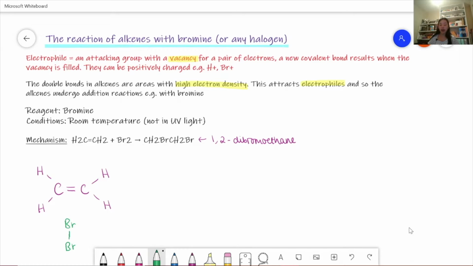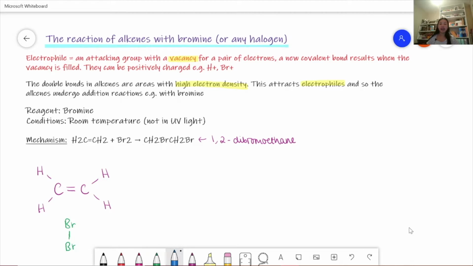And so what happens is that as this bromine molecule moves towards the alkene, the pi bond electrons of this double bond repel the electron pair in the bromine bond, because we know that covalent bonds are just a pair of electrons. And so this induces a dipole, and this bromine molecule becomes polar, and also it becomes electrophilic.